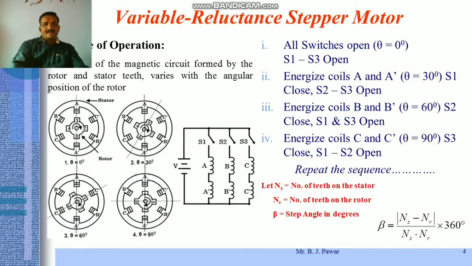Now see the simple construction of the stepper motor. You will observe here a total of 6 teeth on its yoke, inside that yoke of the stepper motor, with a field winding on each tooth, right? And inside that yoke there is a rotor having 4 teeth.